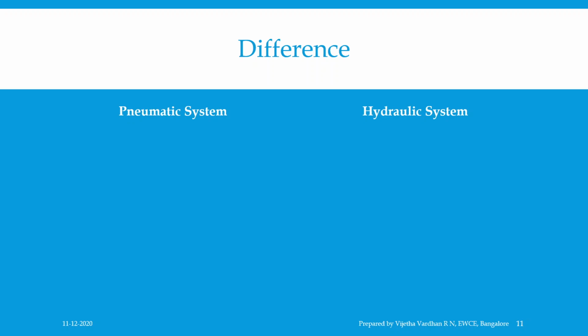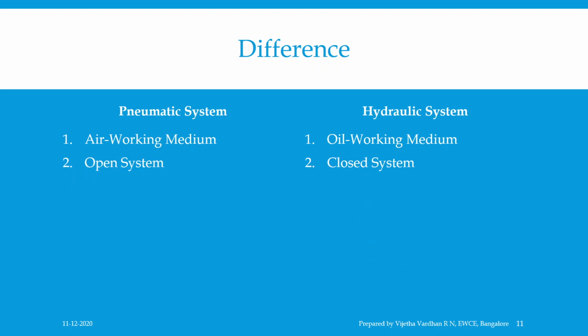Then coming to the difference between pneumatic and hydraulic systems, we are going to discuss each one by one. The pneumatic system uses air as the working medium, whereas the hydraulic system uses oil as the working medium. Pneumatic is an open system, hydraulic is a closed system.